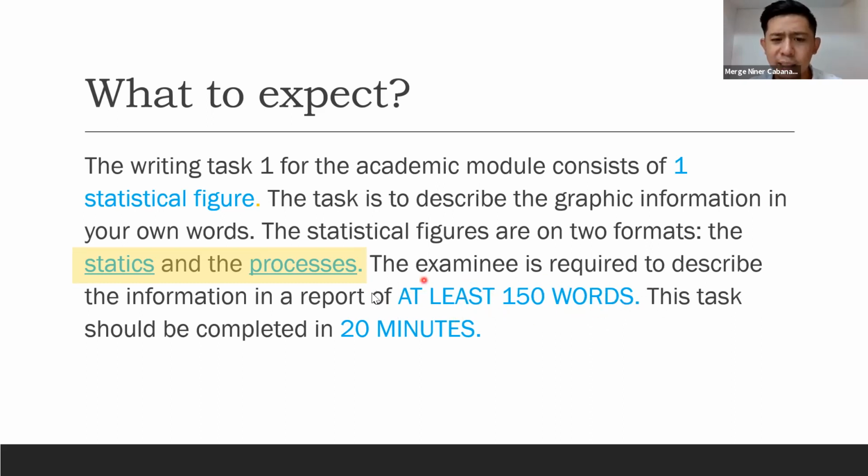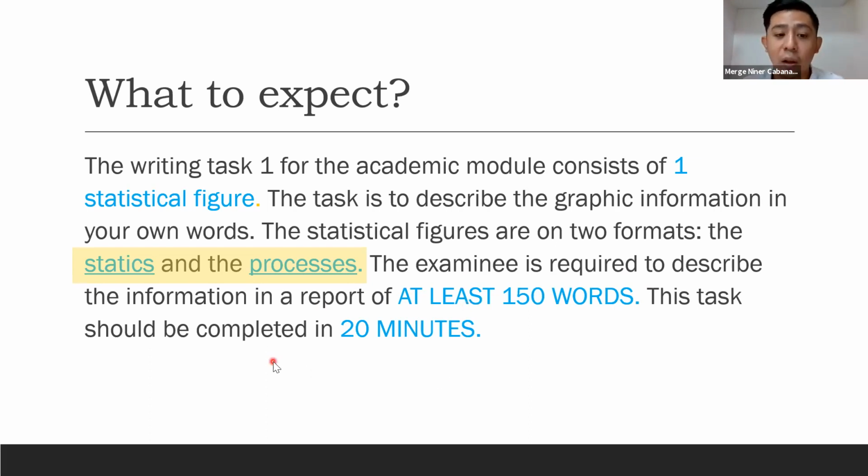When you say at least 150 words, you cannot write less than 150 words because there will be penalties, and those penalties are very serious. What are those deductions? I will tell you later.